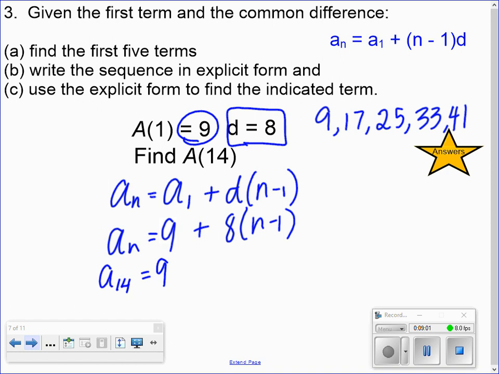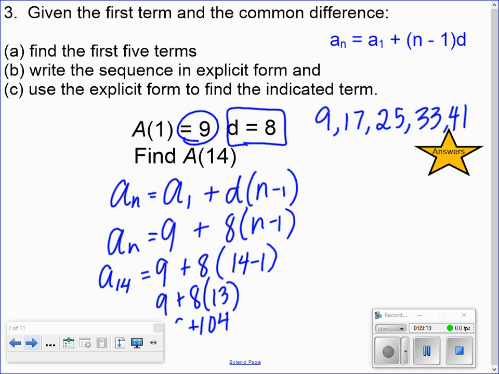So for the 14th term, we're doing 9 plus 8 times 14 minus 1, which happens to be 13. So we have 9 plus 8 times 13, which is 104. Plus 9, and when you add that, that gives you 113. So we can see that our 14th term in our sequence would be 113.